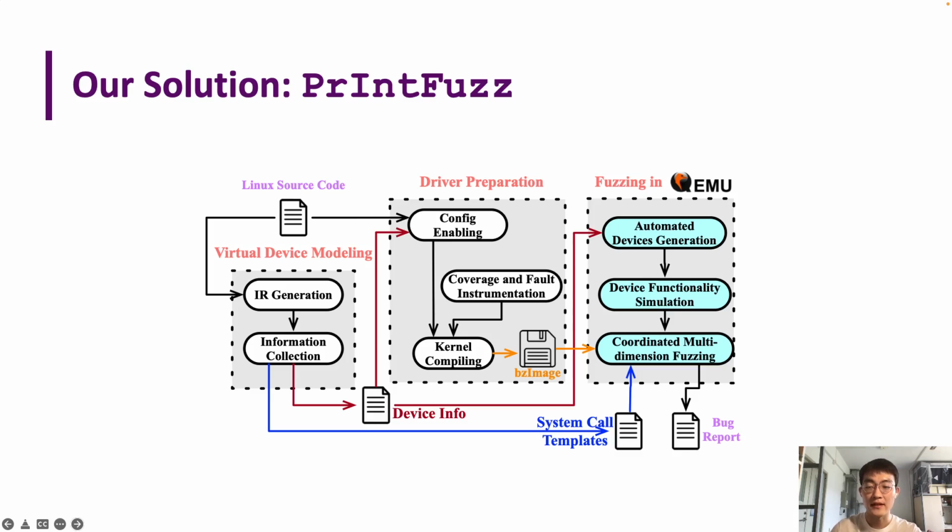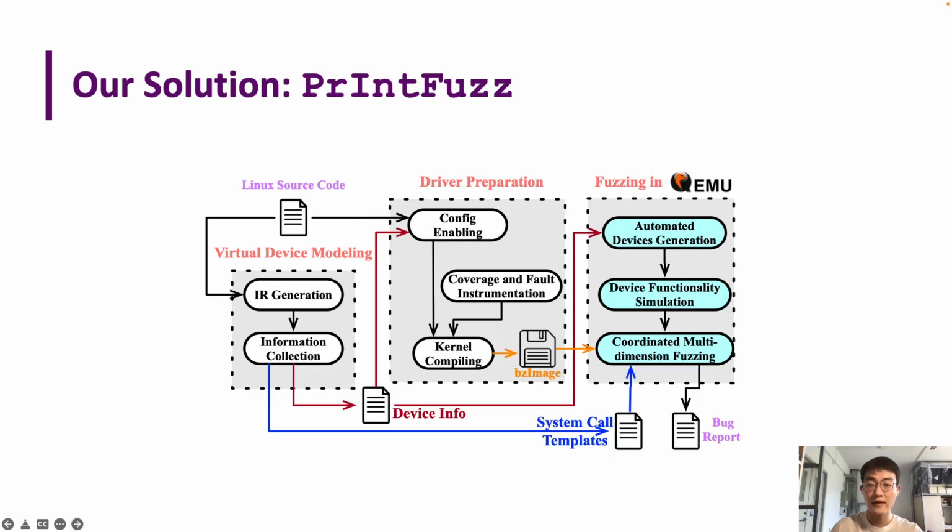Based on the challenges and solutions mentioned above, we present an effective and efficient fuzzing solution, PrIntFuzz, to explore the overlooked code in drivers. PrIntFuzz executes a three-phase workflow for driver analysis and fuzzing, as the figure shows. First, in the virtual device modeling phase, it performs inter-procedural static analysis to extract necessary driver information, such as data expected by the driver.